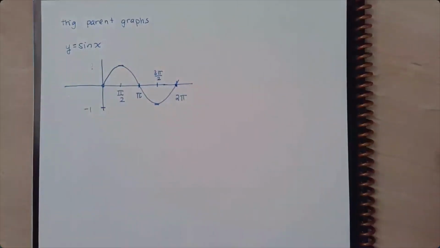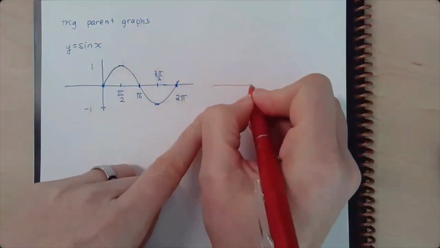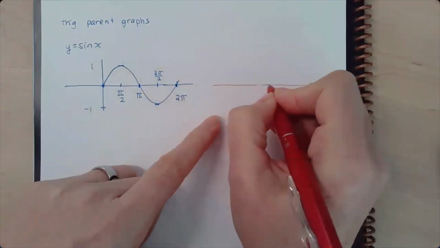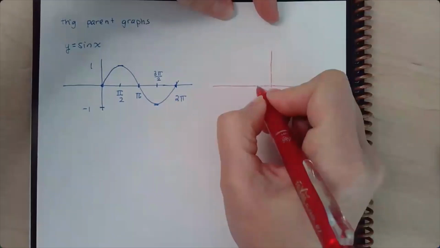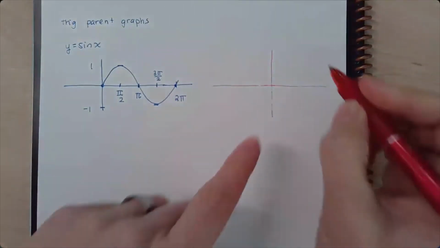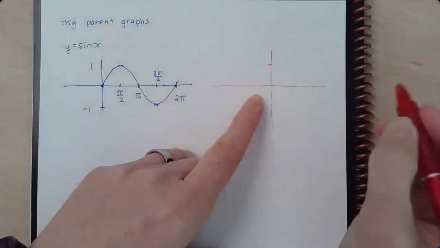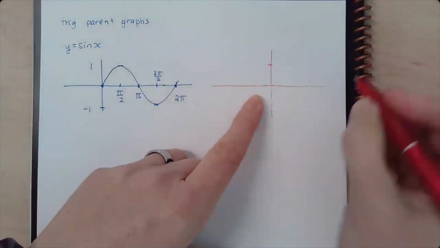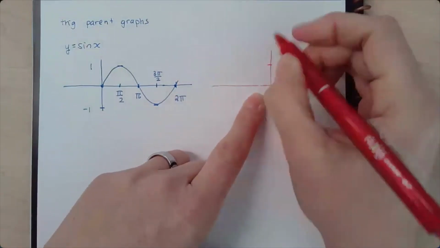Cosine is actually just this sine graph shifted over pi over 2. For those of you who might take physics in the future, you might talk about that a little bit when we talk about phase shifting, but we don't need to know the physics right now. Our cosine graph, I'm going to run out of space on this page, but I'm going to do my best.